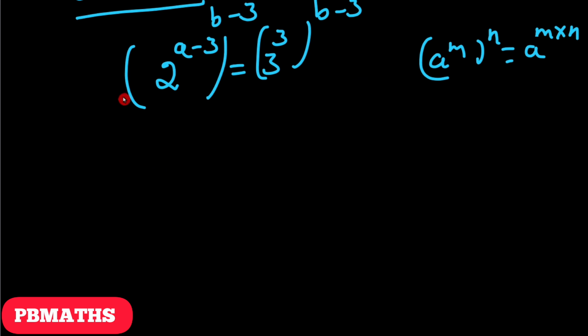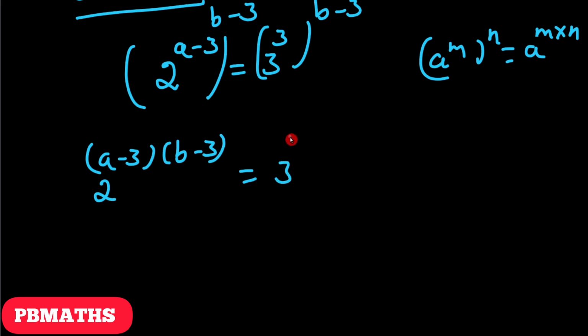Based on this law, we will write this LHS as 2 to the power (a minus 3) times (b minus 3), is equal to 3 to the power 3 times (b minus 3).